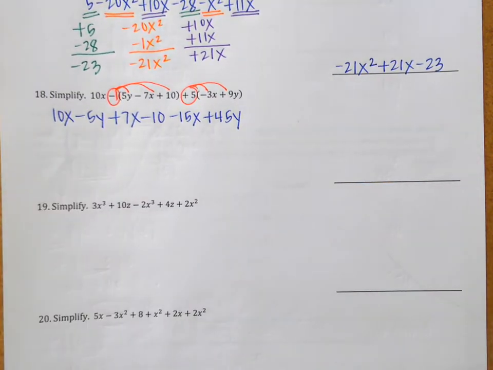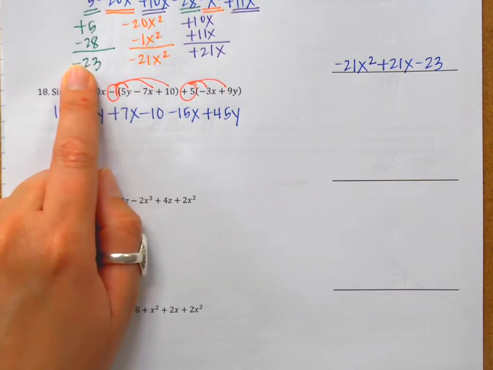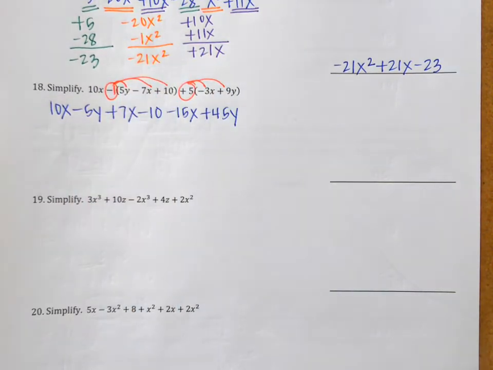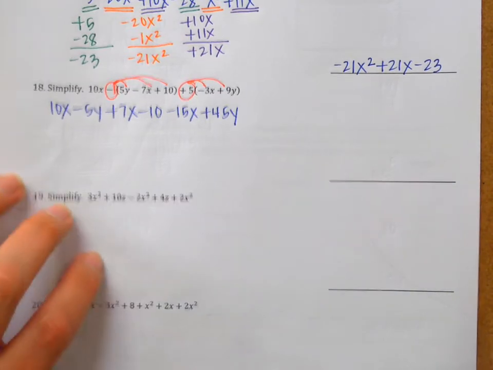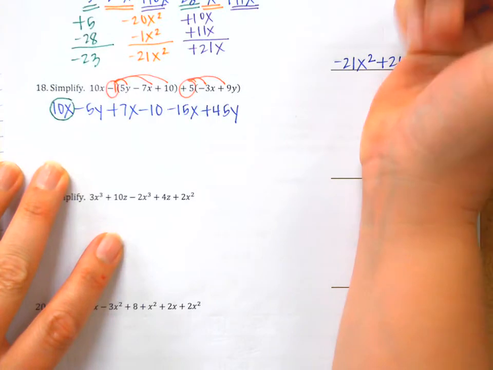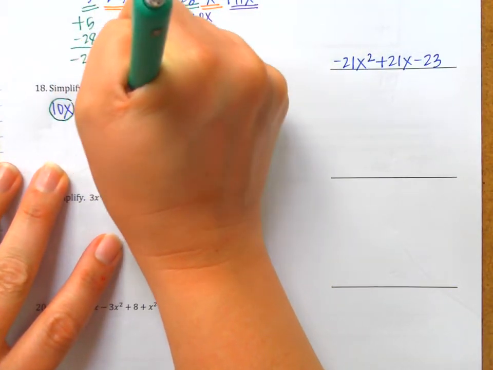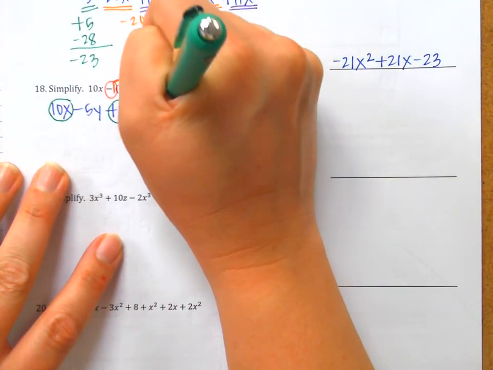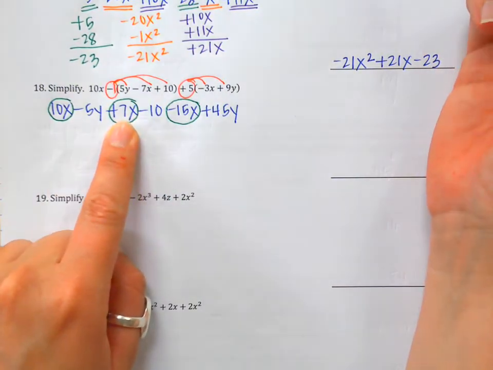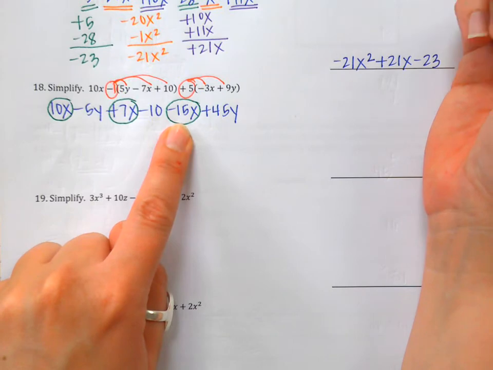And then I just combine my like terms. If you feel more comfortable writing it out like I did up here, great. Continue doing that. I'm going to show you how I just do it in my head. So 10x is going to combine with 7x, which is also going to combine with -15x. 10 plus 7 is 17. 17 minus 15 is 2x.